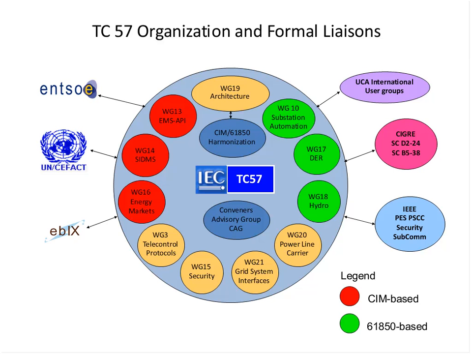You've got one for hydropower, one for distributed energy resources, and one for substation automation. You can see the SIM-related ones are in work group 13, 14, and 16. 13 is focused on EMS, which is basically transmission system-related objects. Work group 14 is the distribution management systems, so SIM for distribution, and work group 16 is for energy markets.